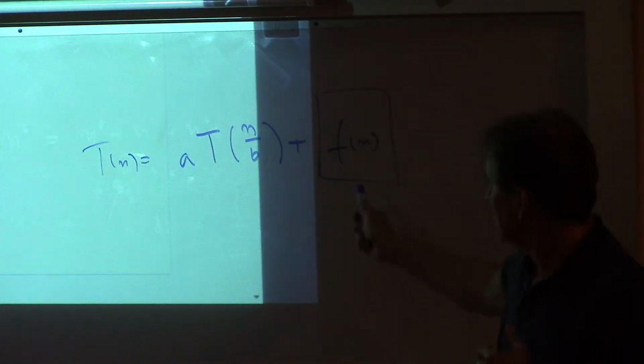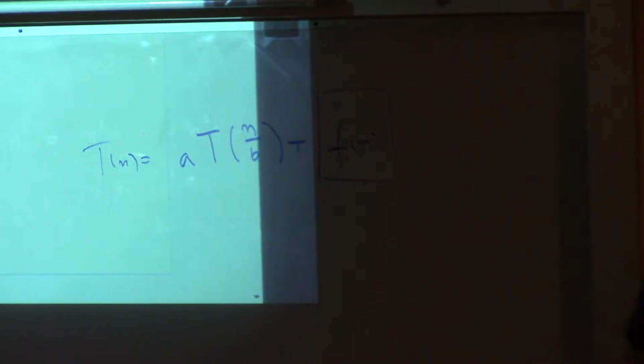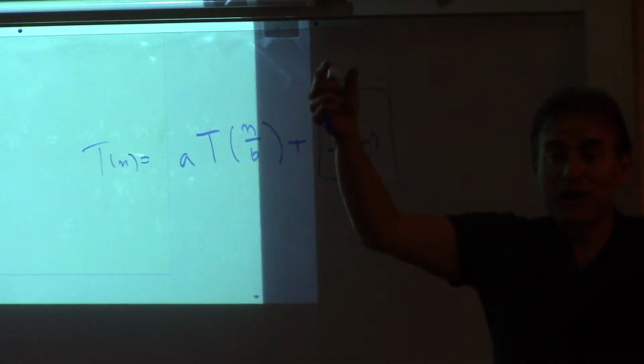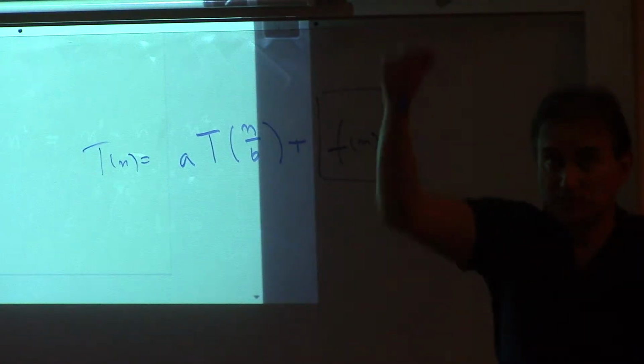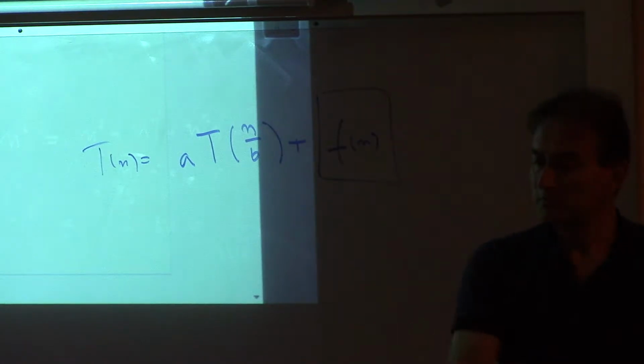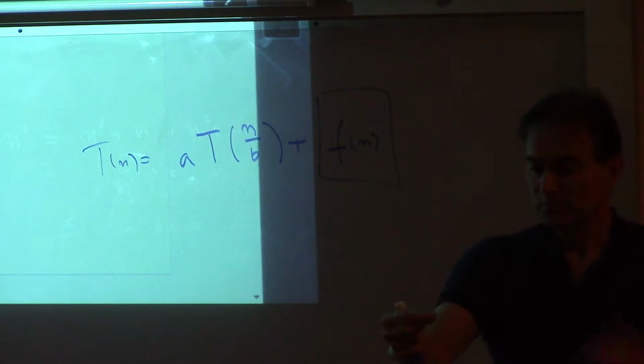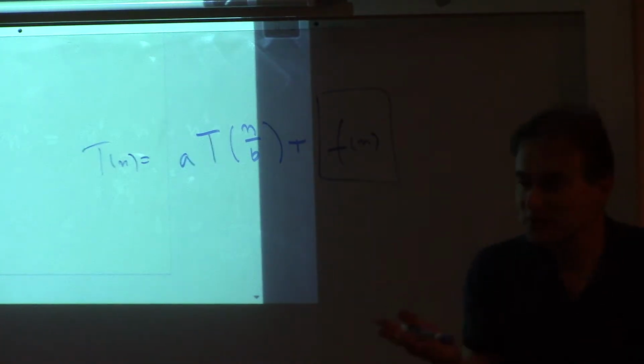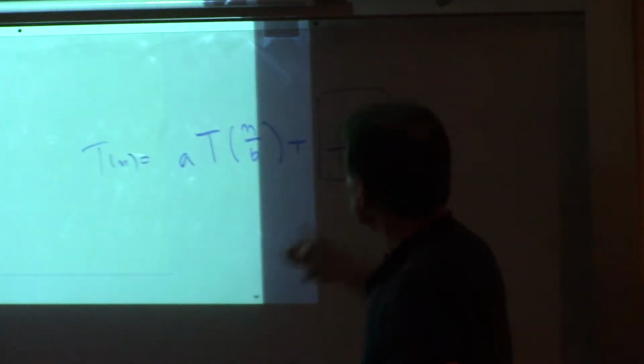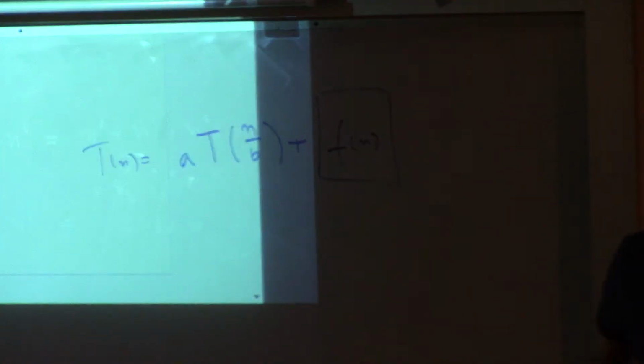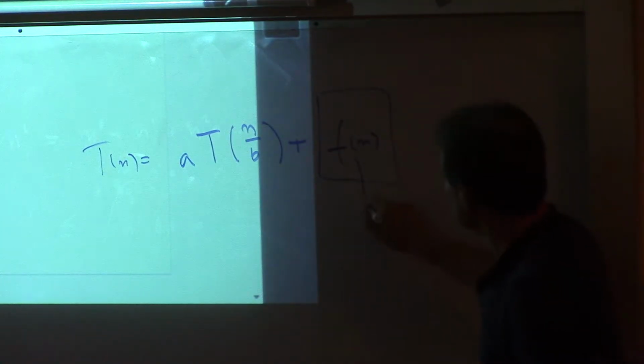Well, which part of it is the f of n? The merge. You got these two halves already sorted, and you're merging them. So that's the comparisons, and this is called the actual complexity. So f of n is the actual complexity.